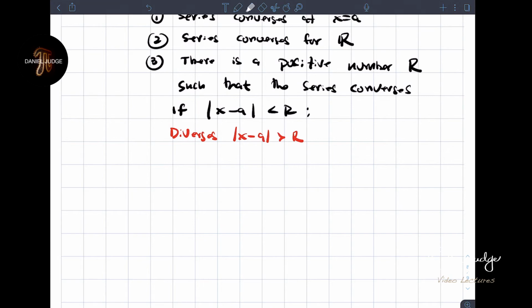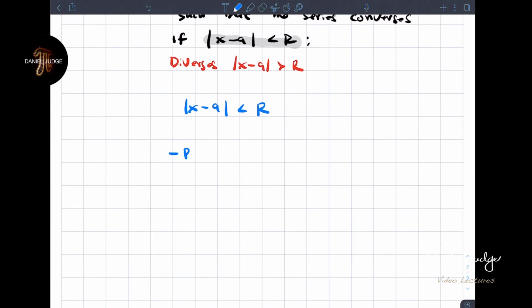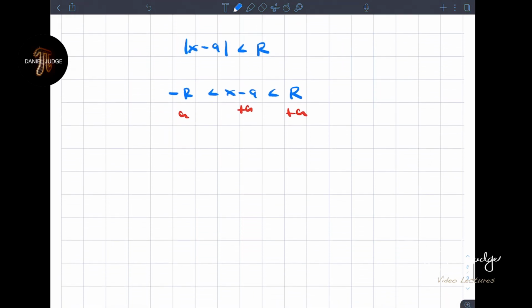If I take a closer look at what this means, I'm going to have you note this. The absolute value of x minus a being less than r, by definition, is equivalent to minus r less than x minus a less than r. And if I add a to the middle, the right, and the left, we have a minus r less than x less than a plus r.